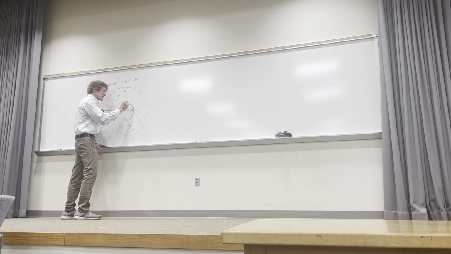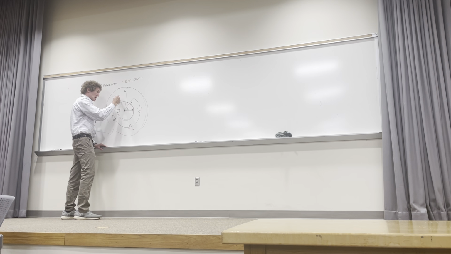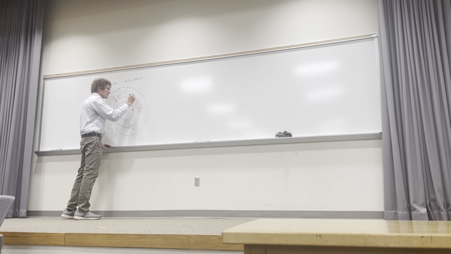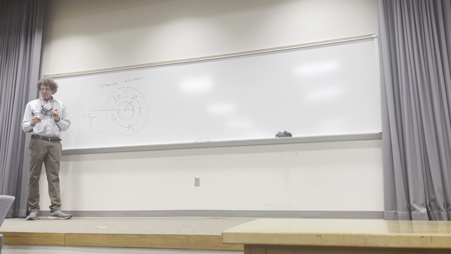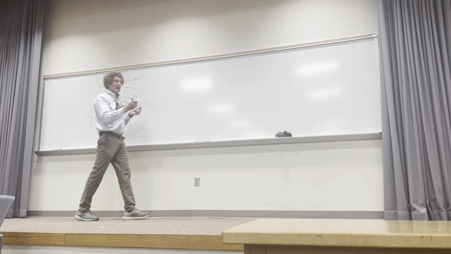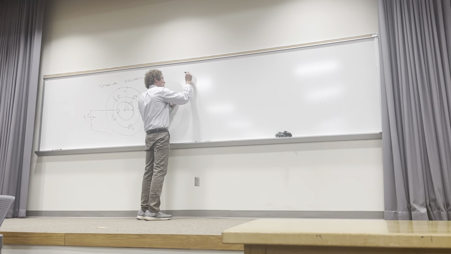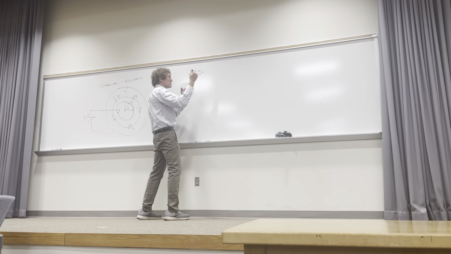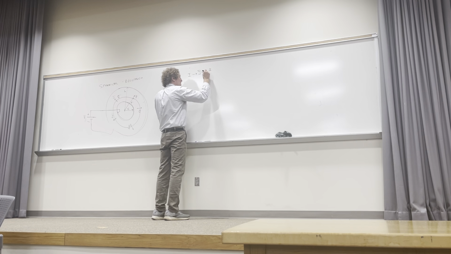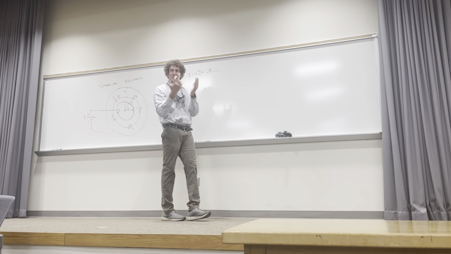So if I come out a distance R, now I can say that there's a current density J flowing through there. This should make sense logically to you, right? It's flowing through a surface that gets larger the further away I go, right? It's a spherical surface, right? So I'm going to assume I, like I did before, now I get J. Well, J is the total current I divided by the surface area.